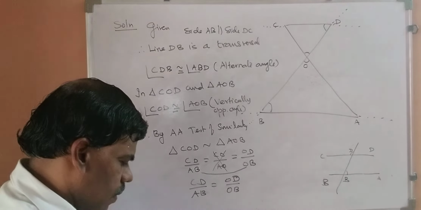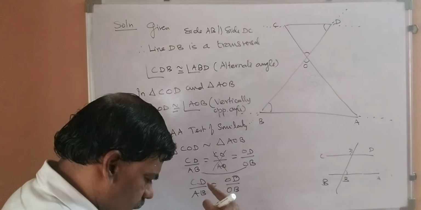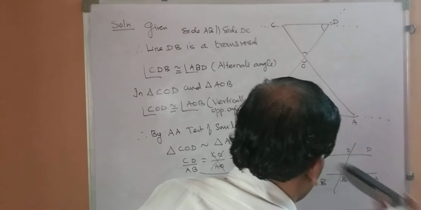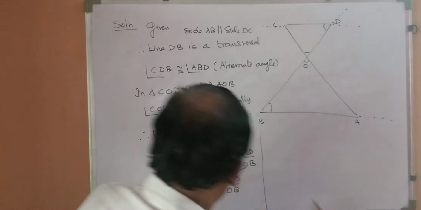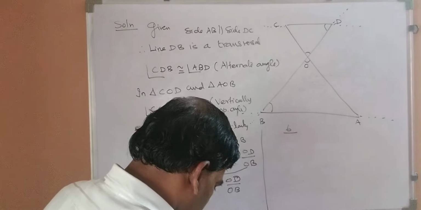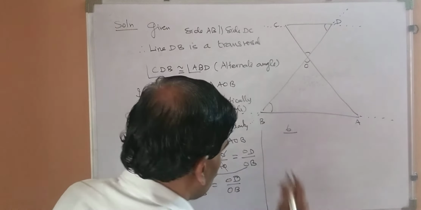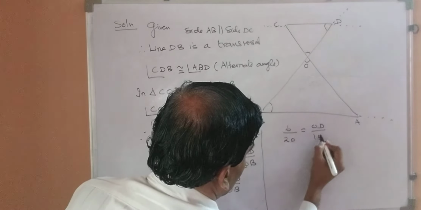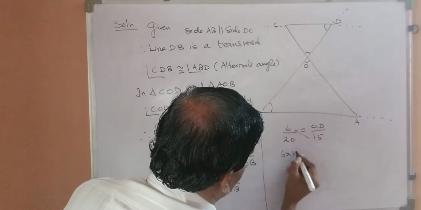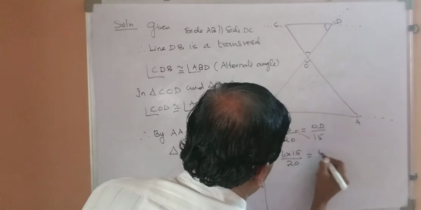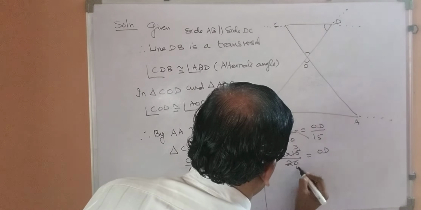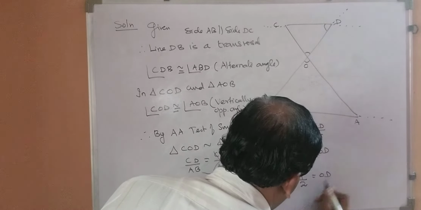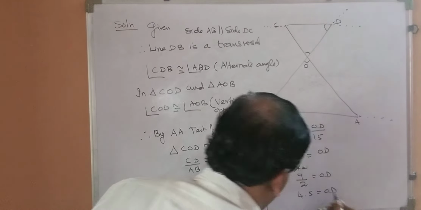What is CD? Check it. CD is 6, upon AB is 20, equal to OD upon 15. So 6 into 15 upon 20 is equal to OD. Nine upon 2 is equal to OD. Therefore, OD equal to 4.5.